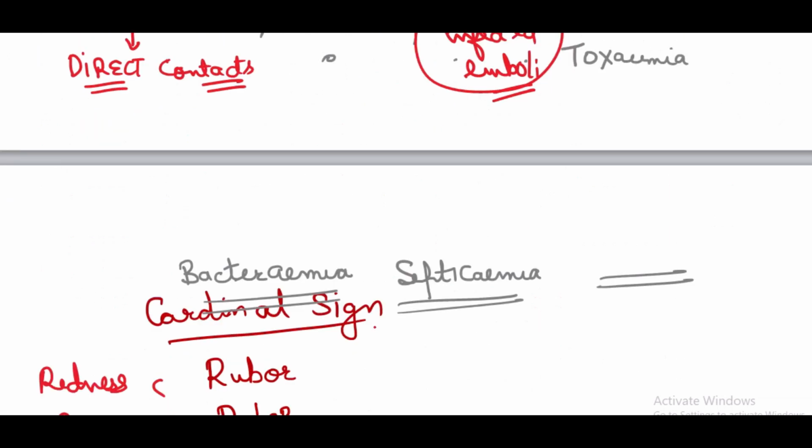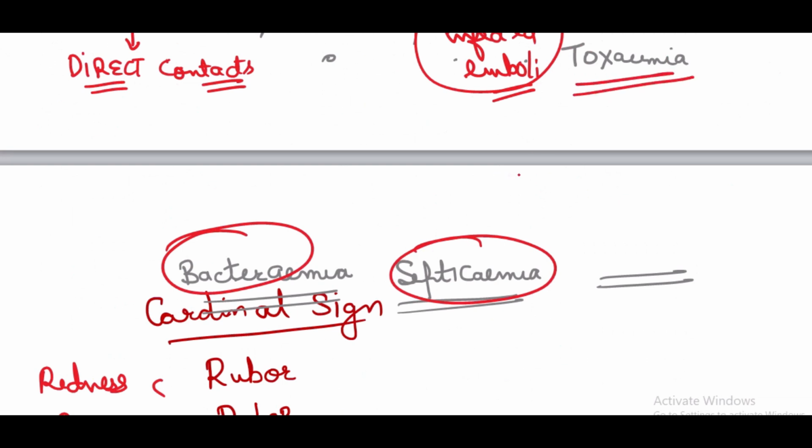So there could be either, remember, bacteremia, septicemia, or there could be toxemia.